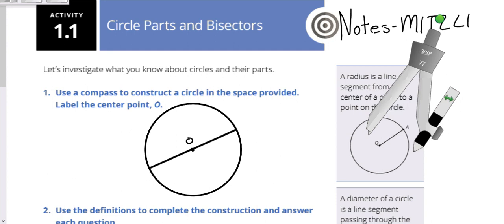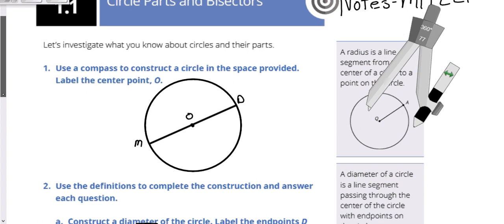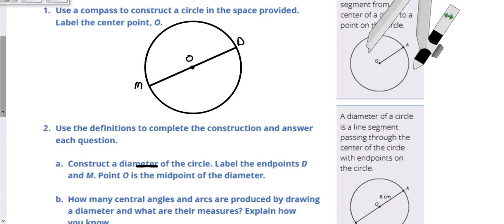It tells me to label the endpoints D, so I'm just going to put D over here and M over here. Then it says that point O is the midpoint. Well, it's the midpoint because technically a midpoint cuts something in half. So you have this is congruent to this. So midpoint is the middle point.